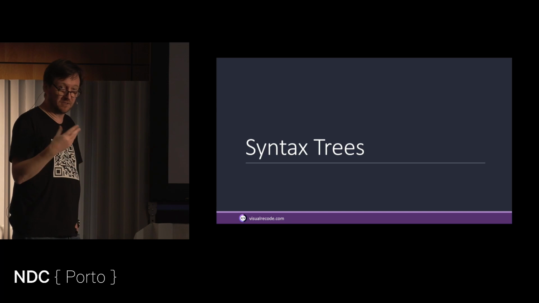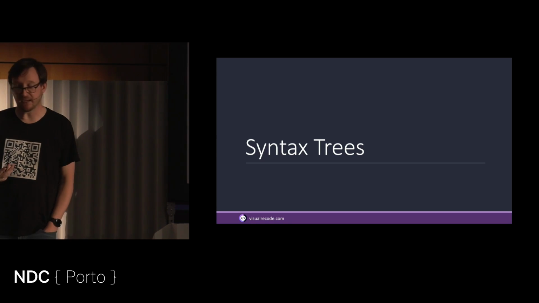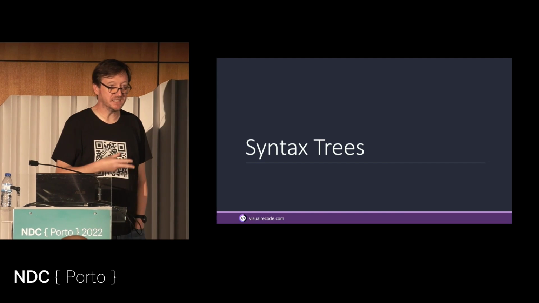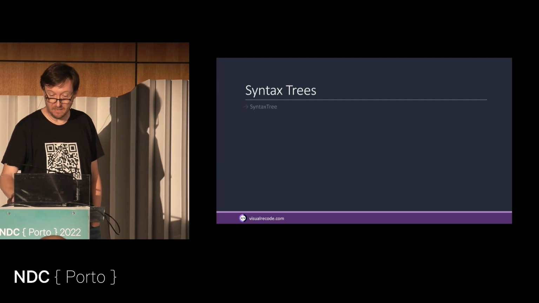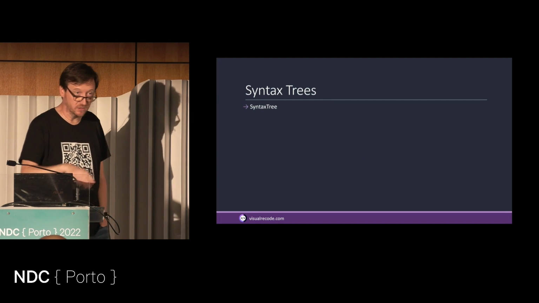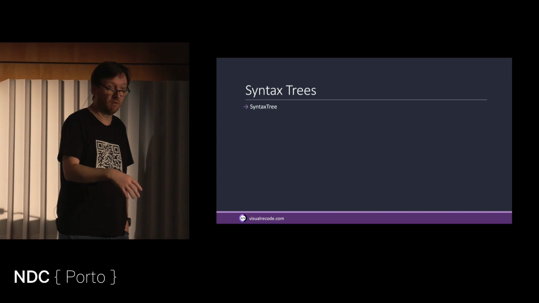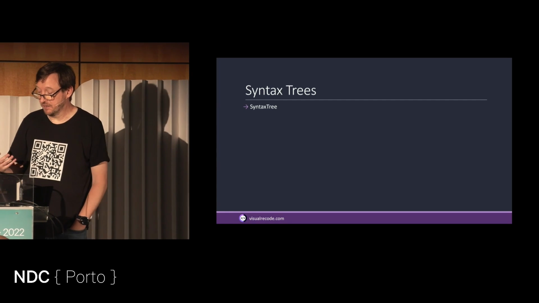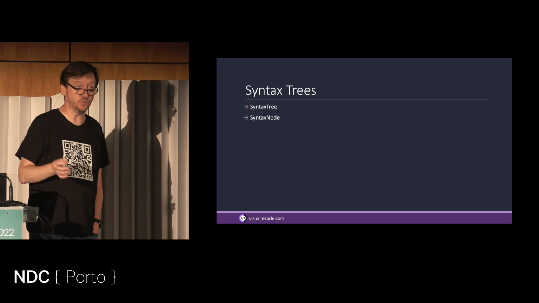The primary unit of information in Roslyn is the syntax tree. And this is an abstract representation of your code. So we have a syntax tree. A document, if it is a compilable document, will be able to give you a syntax tree. And that syntax tree contains SyntaxNodes.